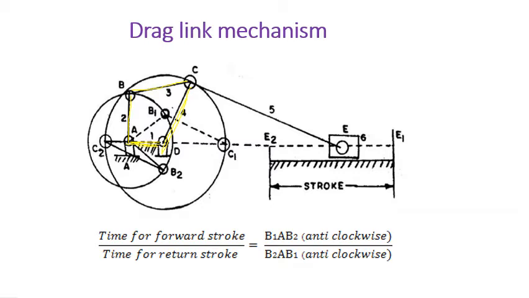So the time ratio is given by the time for forward stroke divided by the time for return stroke. The forward stroke happens through the angle B1AB2, whereas the return stroke happens through the angle B2AB1, both in the anti-clockwise direction.